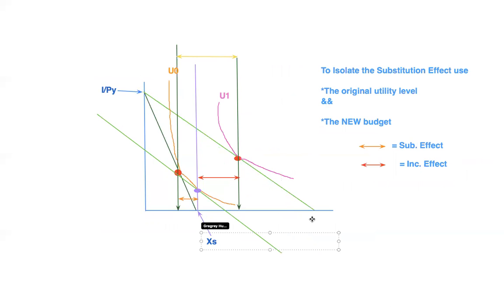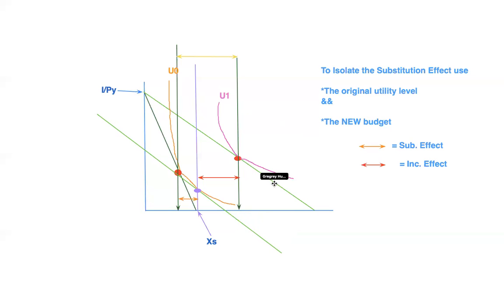We do this decomposition by doing this parallel shift of the budget from the new budget, and really this is a fictional budget constraint, one that represents a decrease in both nominal and real income, holding the prices of the two goods constant.